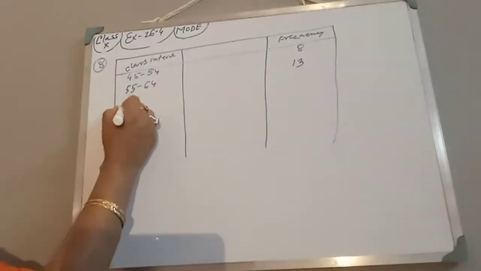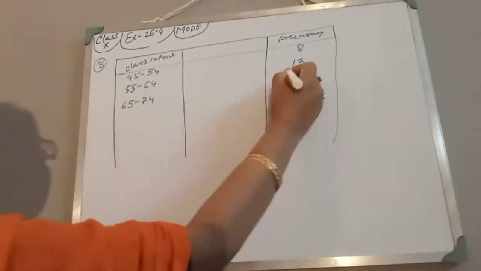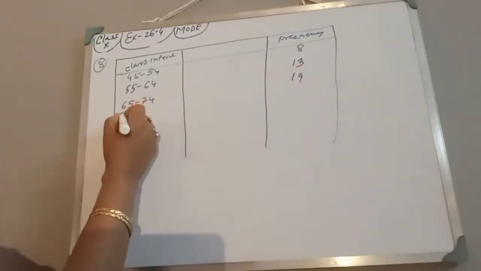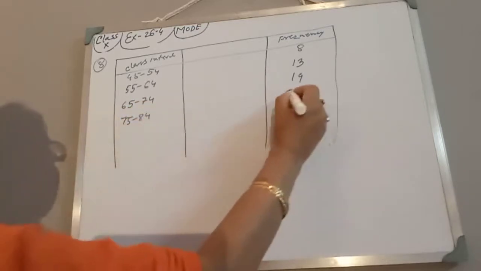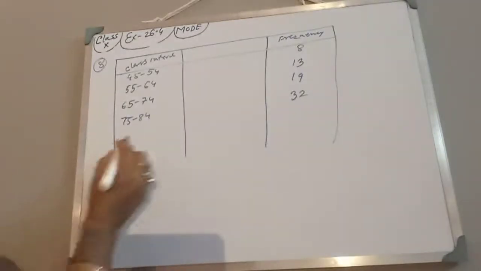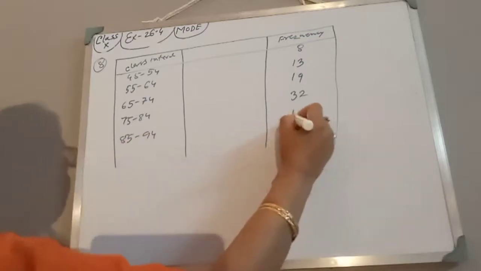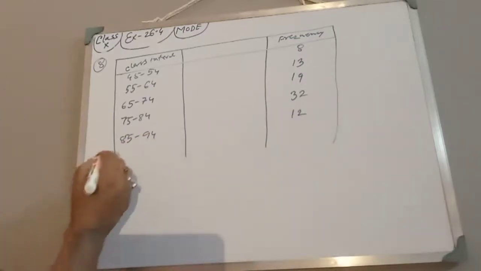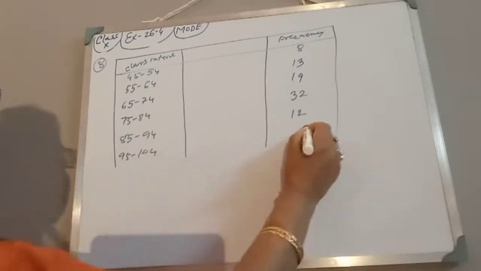Next 65 to 74, frequency 19. Next 75 to 84, frequency 32. Next 85 to 94 and frequency 12. Next 95 to 104, frequency 6.